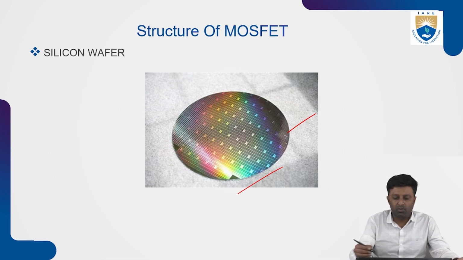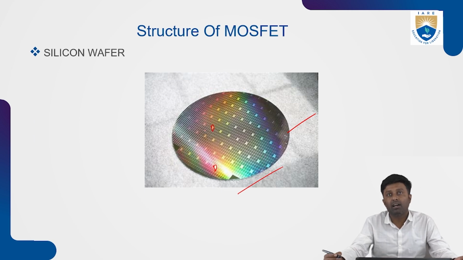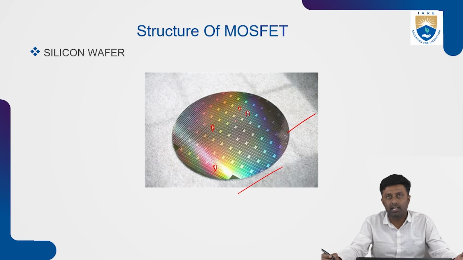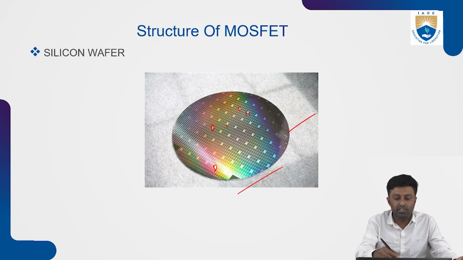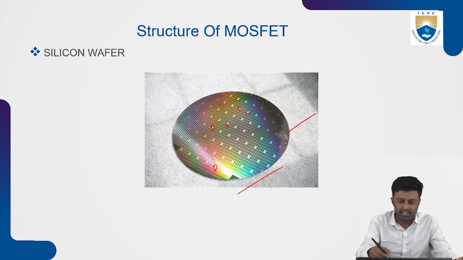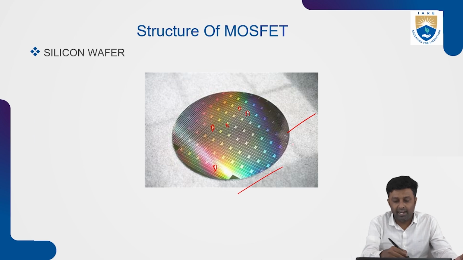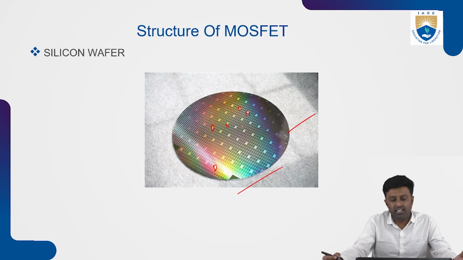As you can see on this wafer, the small transistors are fabricated on the top side of the wafer. Only on the top side of the wafer can we integrate the transistors, not on the sides and other parts.